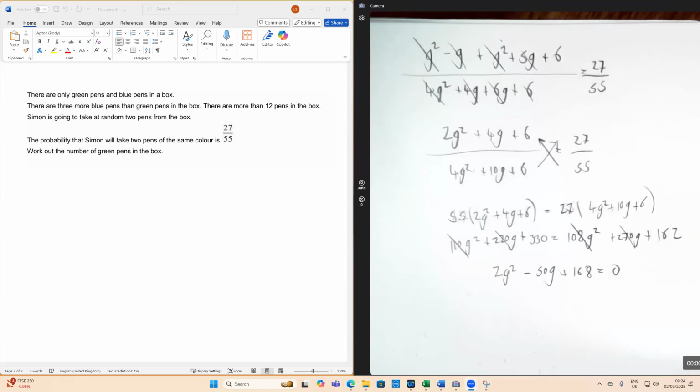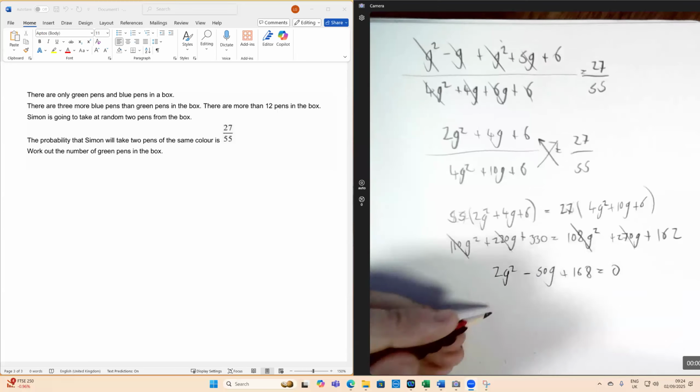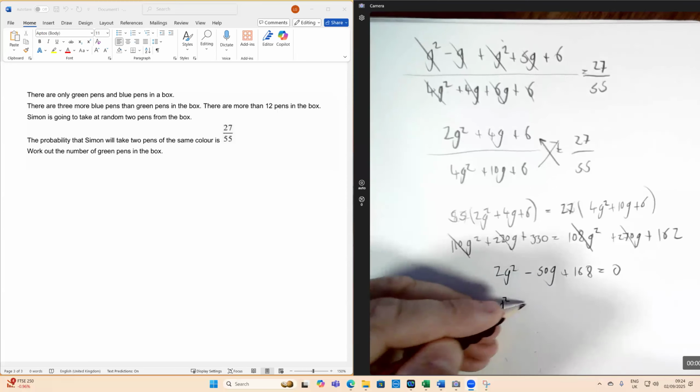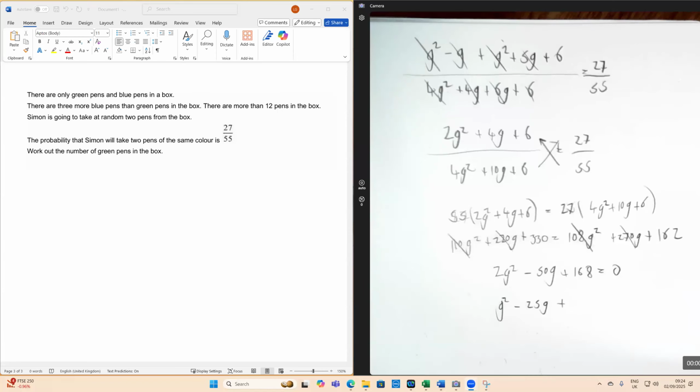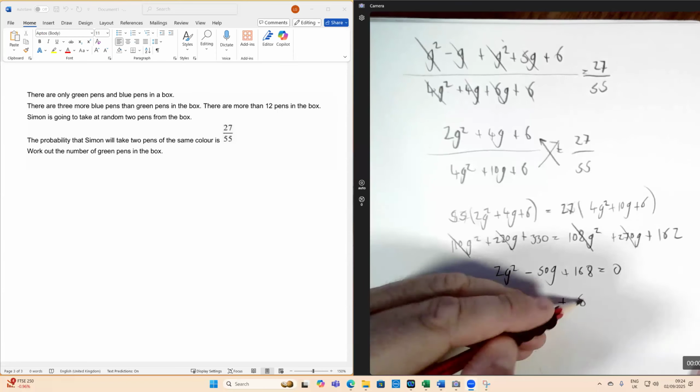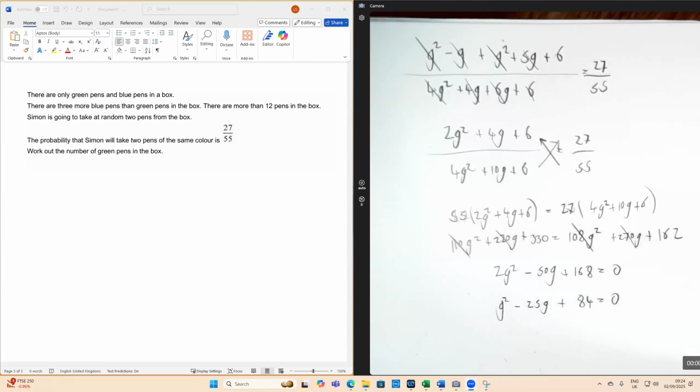Now, I know this is super horrible, but believe it or not, this could be on a non-calculator paper, which I know is rather nasty, but it is, as I say, a grade 9 question. So we could divide everything by 2 now. That's going to give us G² minus 25G plus 84 is equal to 0.